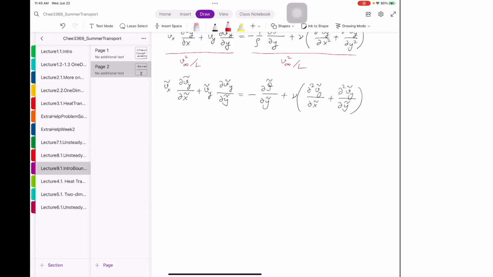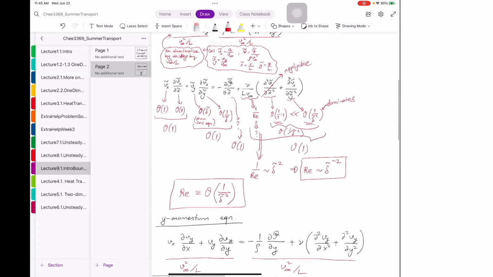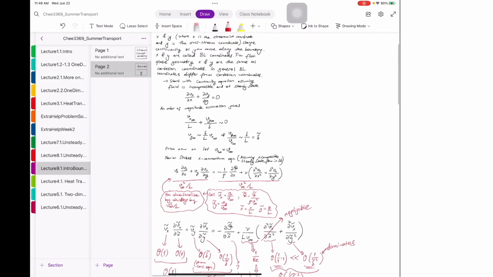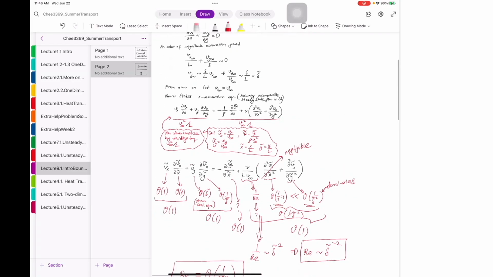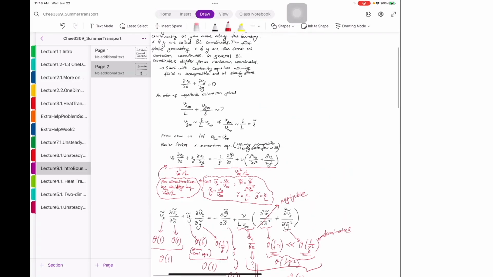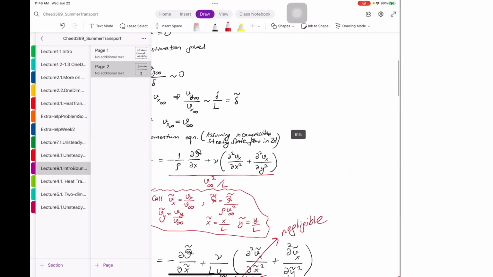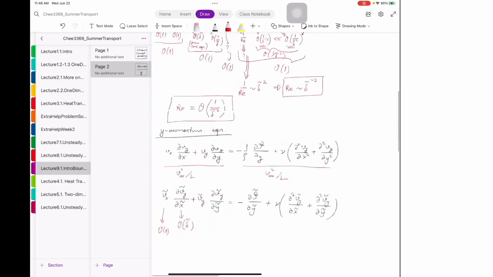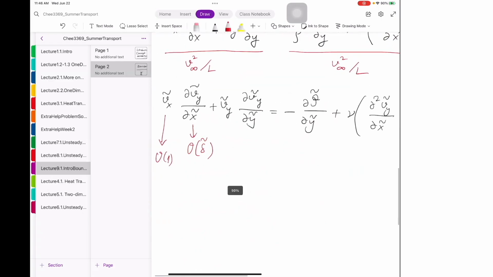And let's do the similar scaling argument, order of magnitude estimations. This is in the order of 1, as we did before. This is in the order of delta tilde, because the Vy tilde is in the order of delta tilde, and x tilde is in the order of 1.